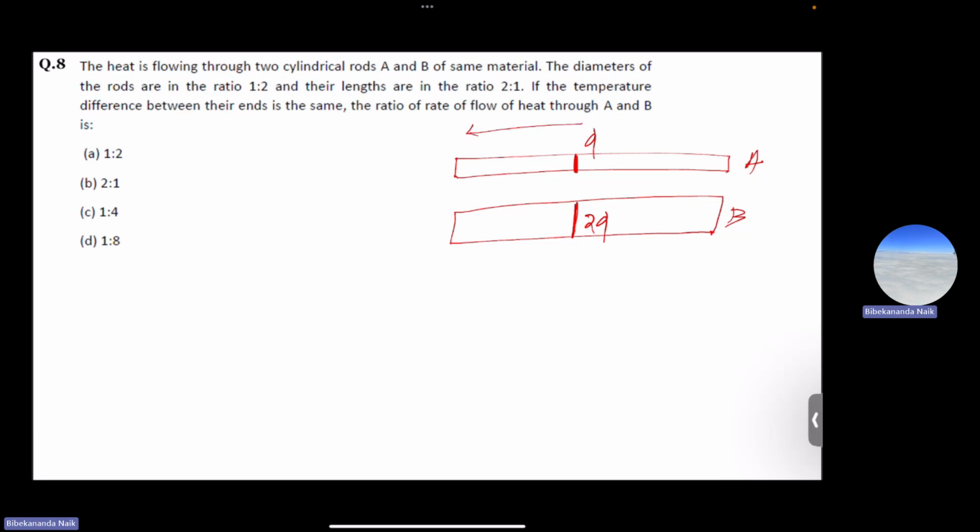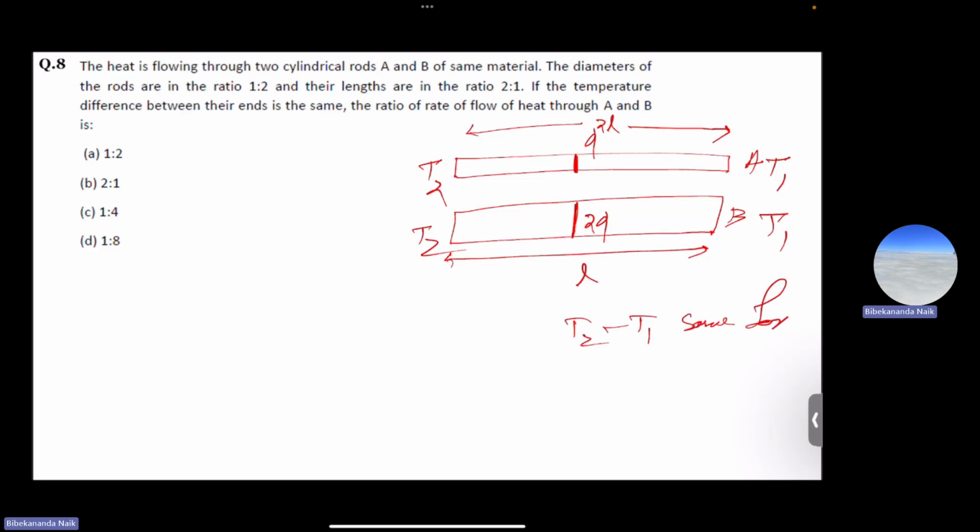So suppose this is 2L and this length is L. The temperature difference between the two ends is the same, so here suppose this is T2, this is T1, here also T2, T1, so T2 minus T1 is the same for A and B.